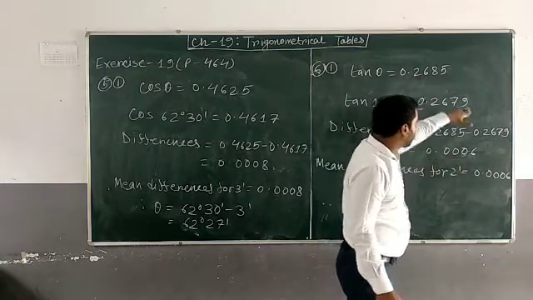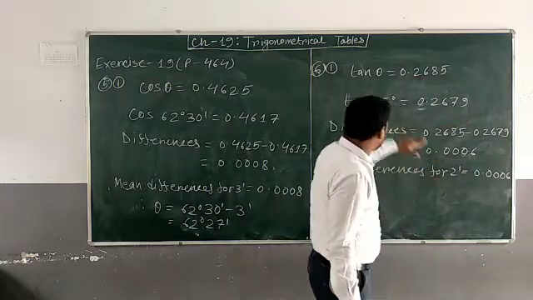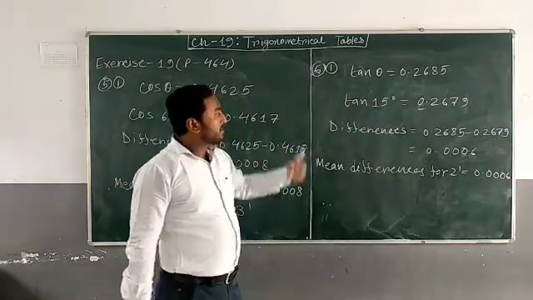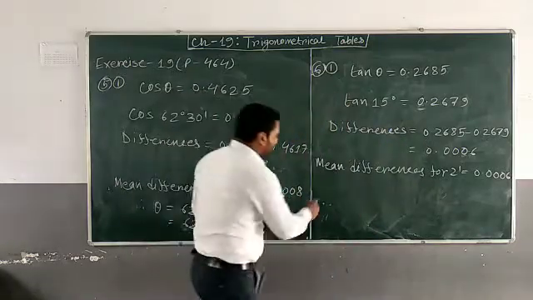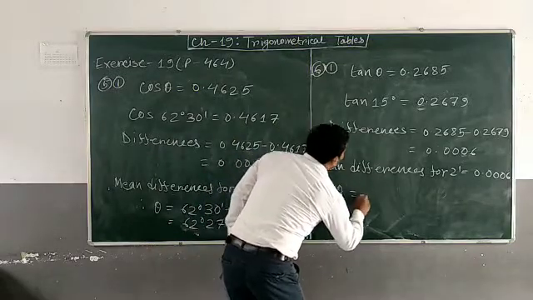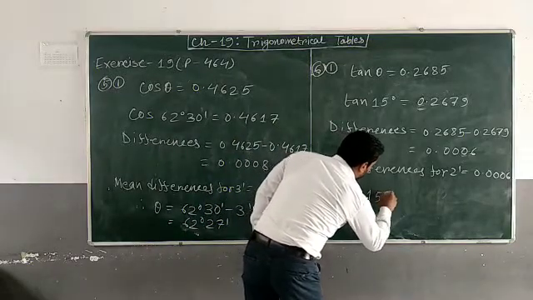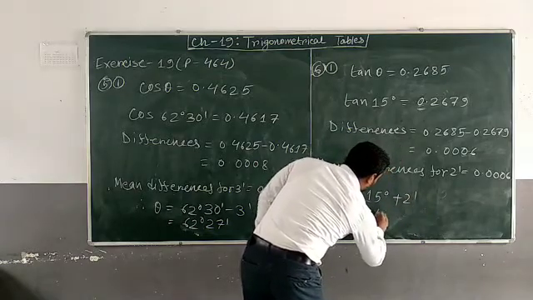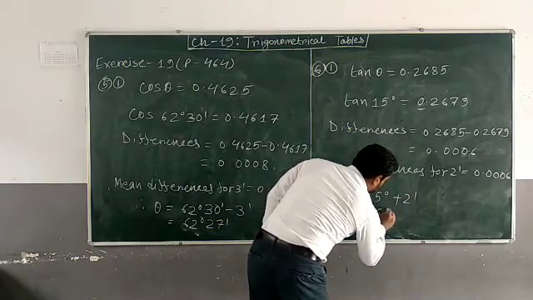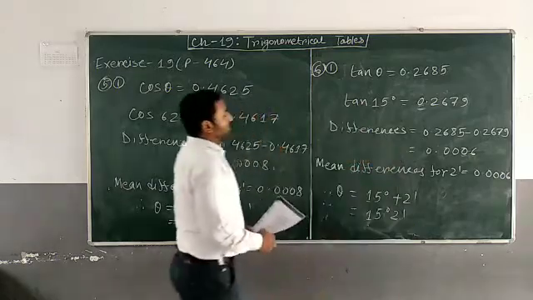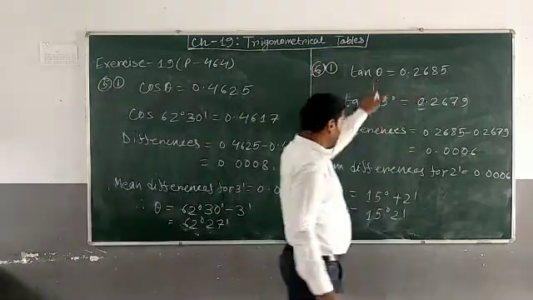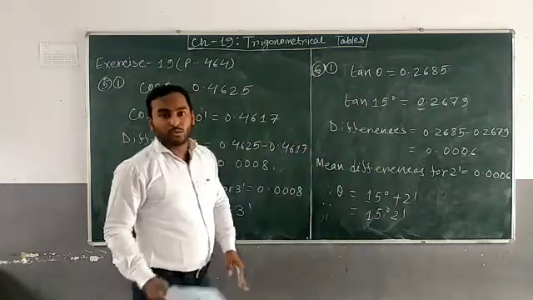So this value will be added to this one, and the angle will also be added, because for tan theta, when the ratio is increasing, the angle also increases. So finally theta equals 15 degree plus 2 minutes, that is 15 degree 2 minutes.